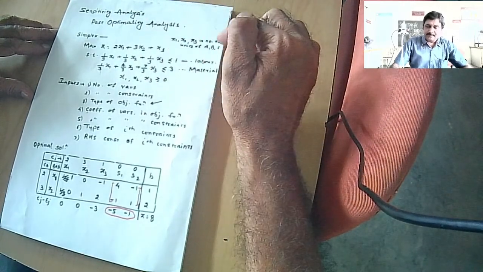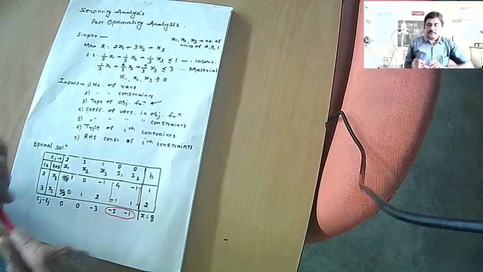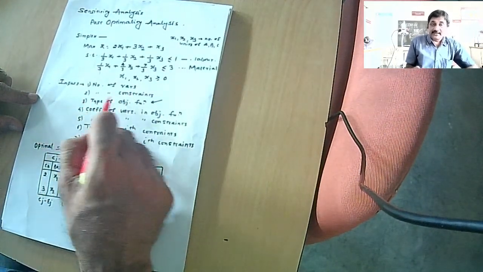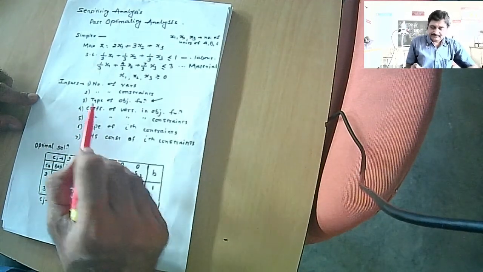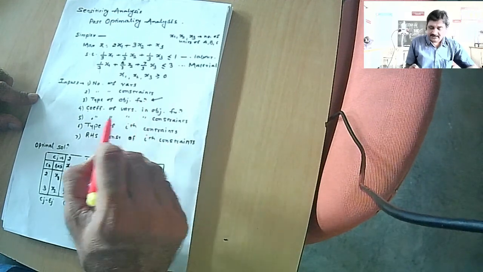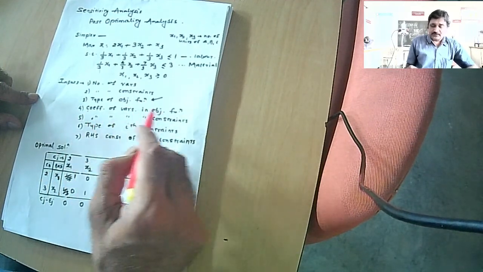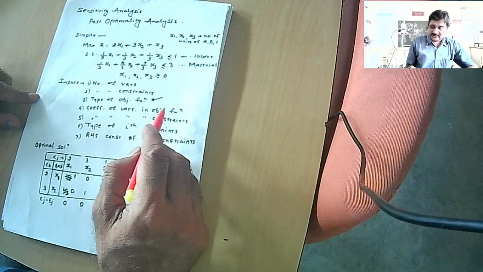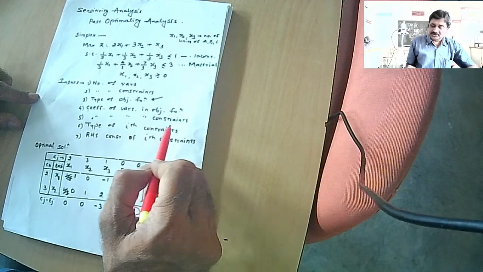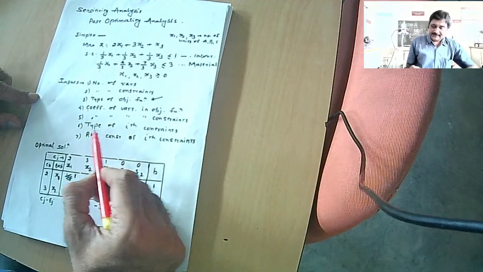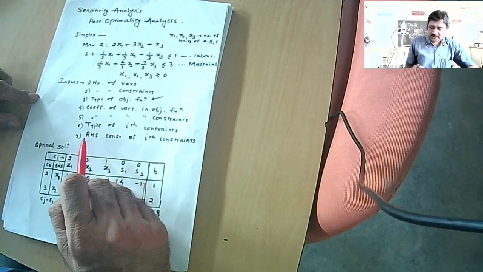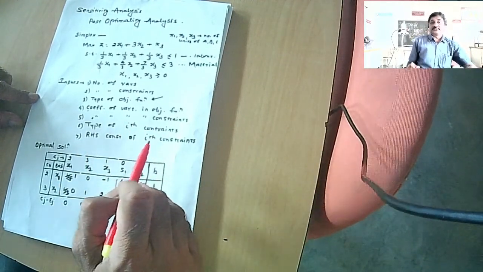Inputs in the LPP are, for example, how many variables are there in the problem, how many constraints are there, what is the type of objective function, whether it is maximize or minimize, then the coefficients of variables in the objective function, then the coefficients of variables in all constraints, then the type of ith constraint, whether it is less than or equal to, greater than or equal to, or equal to, and the right hand side of the ith constraint.